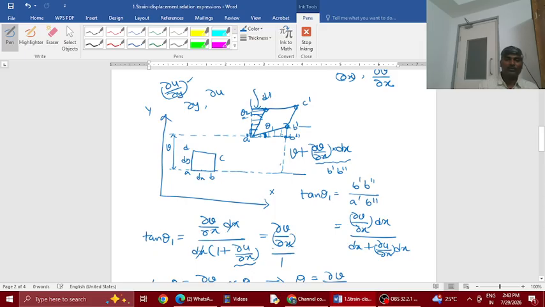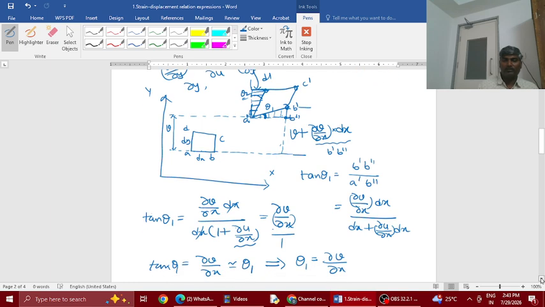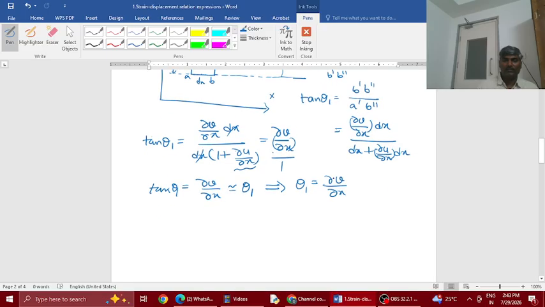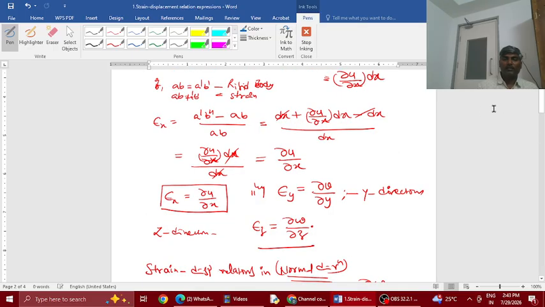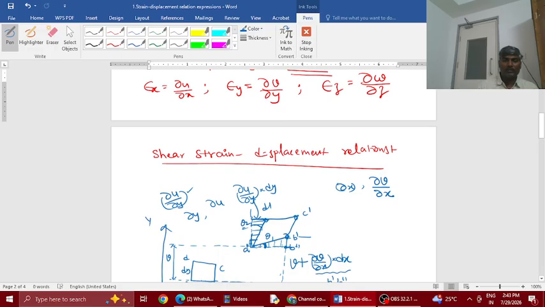So this value is dou u by dou y into dy. Similarly, if you work it out, you are going to get the same thing. So theta 2 I can write comfortably: it is dou u by dou y, the rate of the horizontal displacement happening in the vertical direction. This vertical side is deviating at a rate of dou u by dou y.